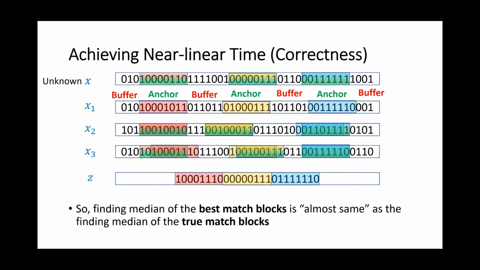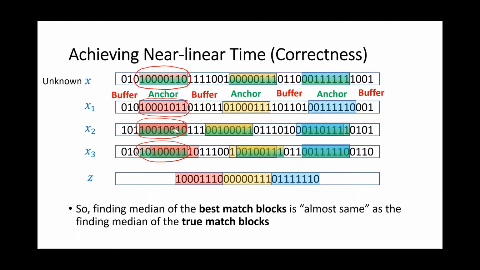So ideally what we want is the median for the true match blocks, because then, similar to our earlier slide, we can apply our result blockwise. Because if we find the median of the true matches, then whatever we get, we can compare it with this particular block of X using result 2.